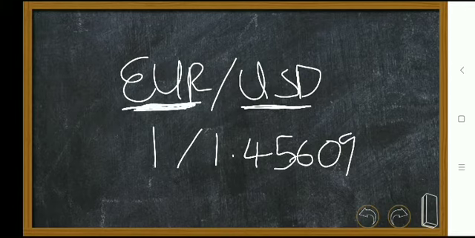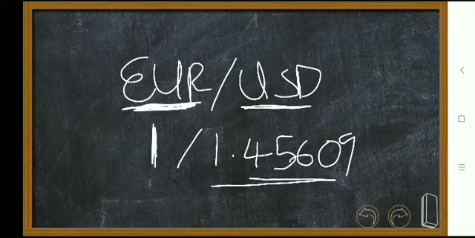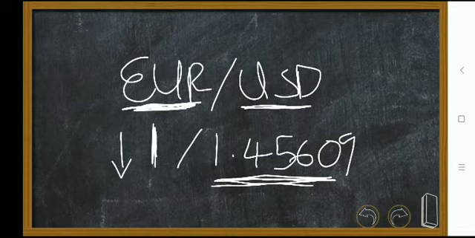Remember, we said the quote is price, so it shows that for 1 euro, what you will get is this number of USD. If you sell 1 euro, you are automatically gaining or buying this number of USD.